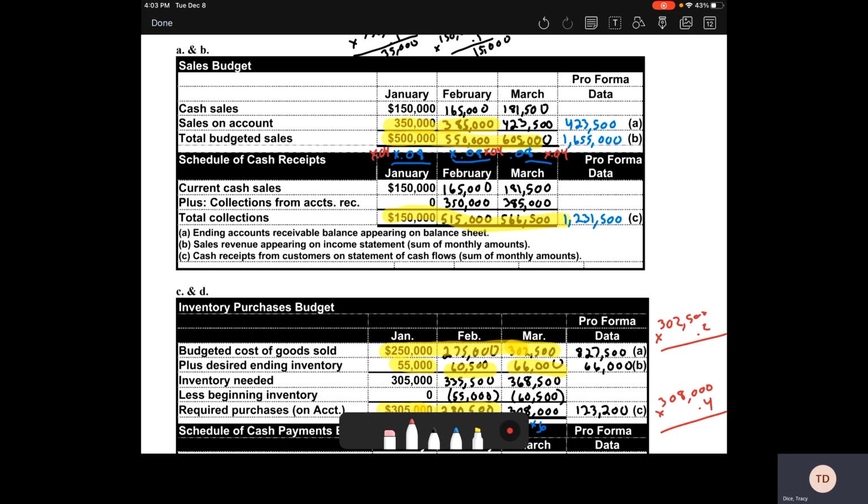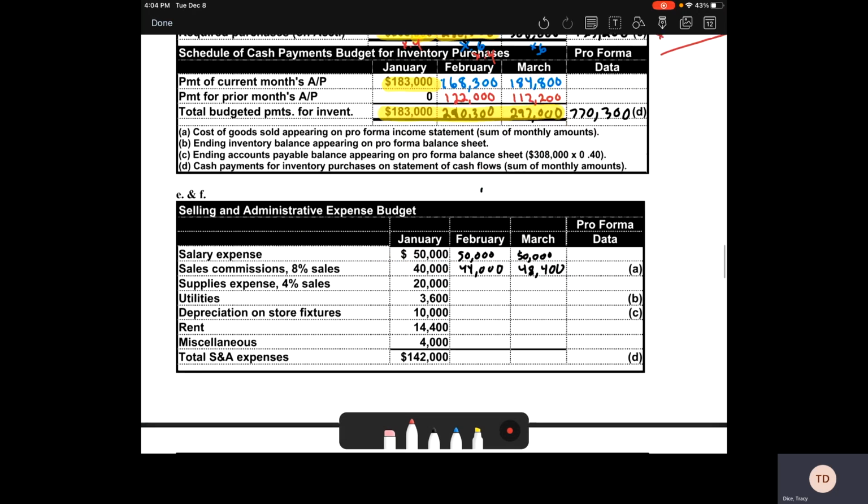So again, 500,000 times 0.04 gives me 20,000. 550,000 times 0.04 gives me 22,000. And 605,000 times 0.04 or 4% gives me 24,200. So put all those numbers in.